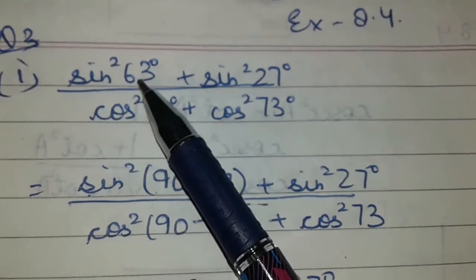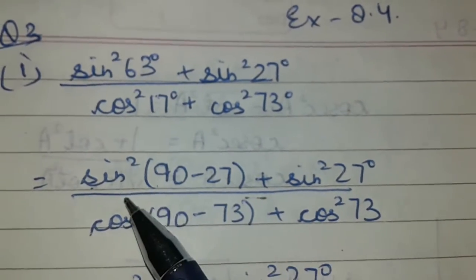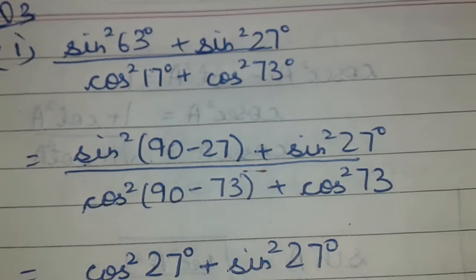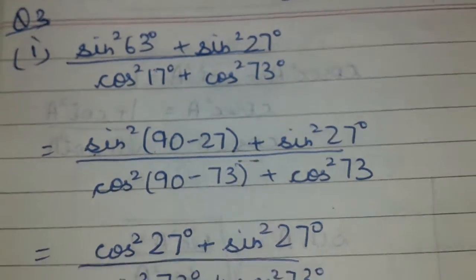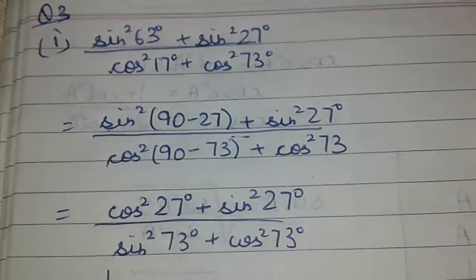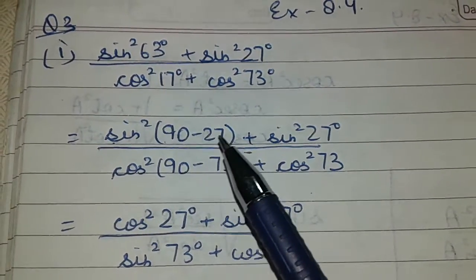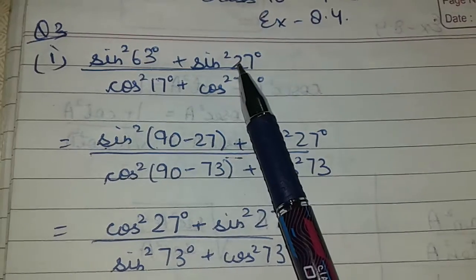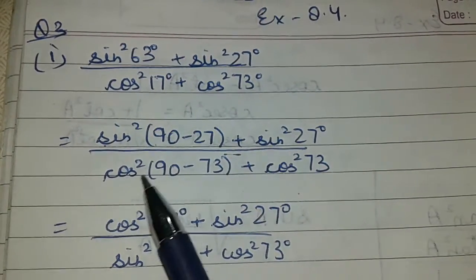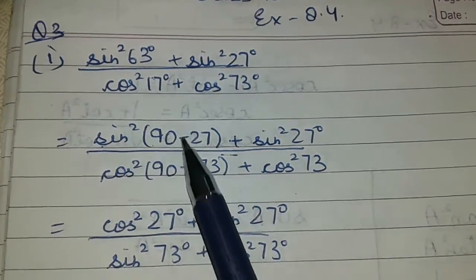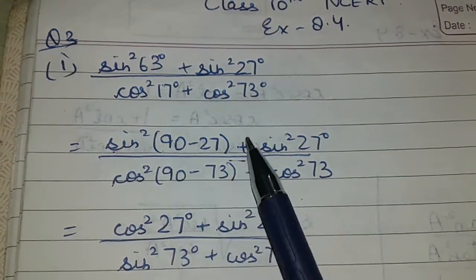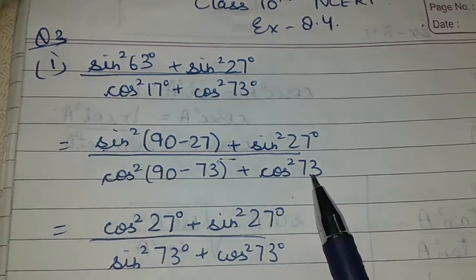Now, sin square 63 can be written as sin square (90 minus 27), as 63 is equal to 90 minus 27. It will remain the same, sin square 27. Upon this, cos square 17 can be written as cos square (90 minus 73) plus cos square 73.